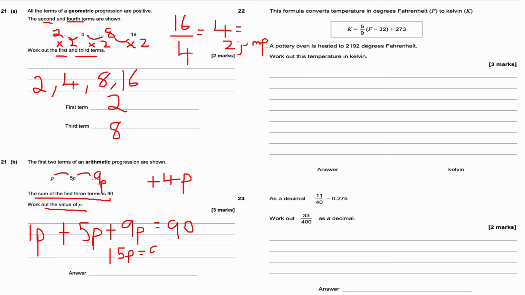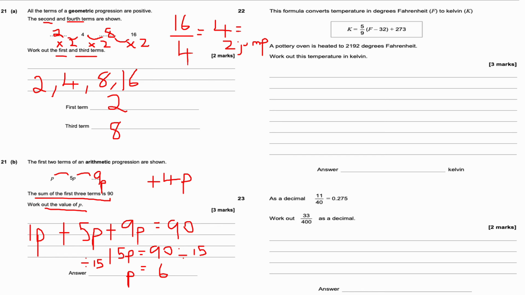I've got an equation here that I can solve as a 1-step equation now, dividing both sides by 15, because 15p means 15 times p. So dividing both sides by 15, I get that p is equal to 6. 90 divided by 15 is 6.